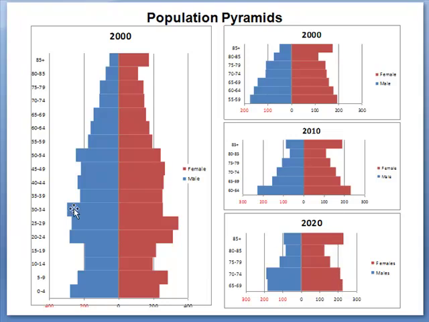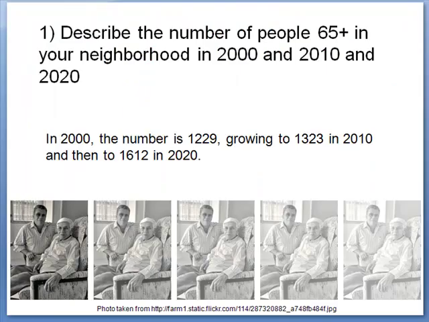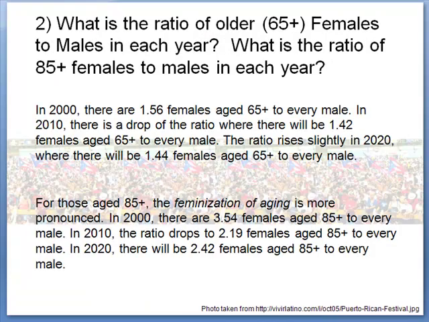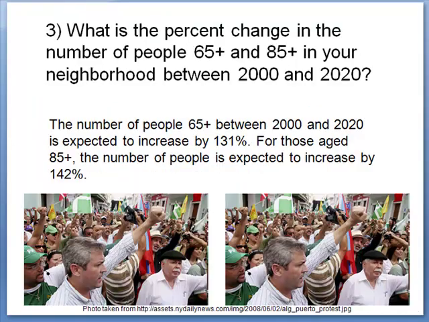And we have some statistics showing us here about how that change is occurring, how the ratio of males to females is changing over time, and the growth of the older population.